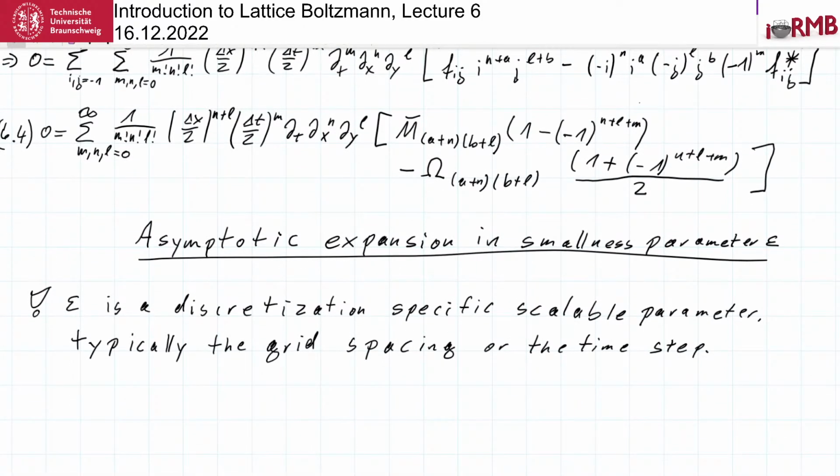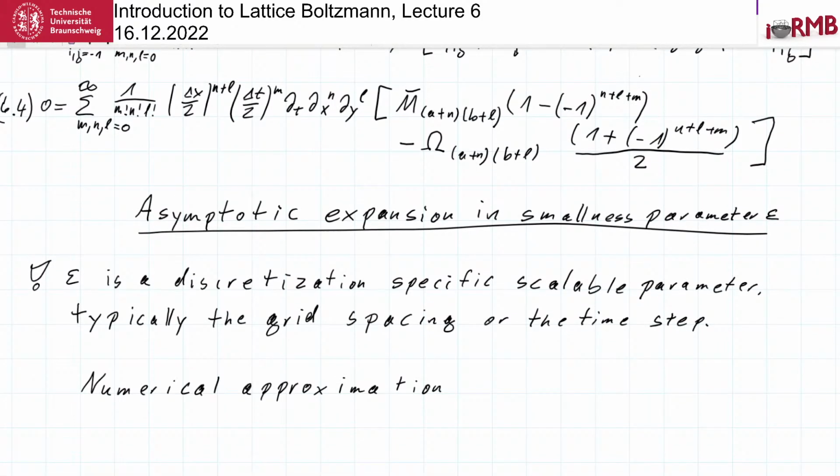So everybody listening to my lectures knows what is coming now. For everybody who's not familiar with this, okay, some repetition. Any numerical approximation. So what do we understand by a numerical approximation? Completely generic, has nothing to do with Lattice Boltzmann in particular.